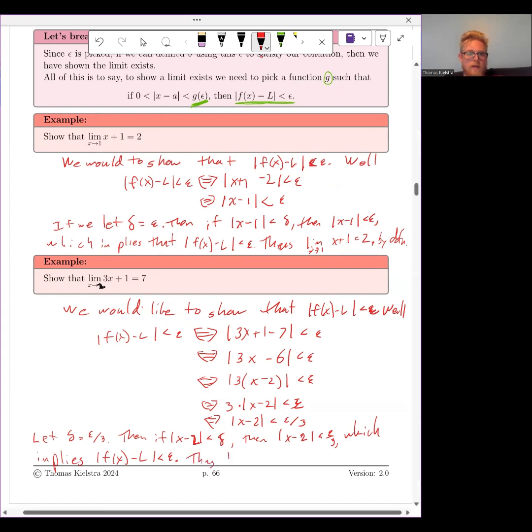Thus, the limit as x approaches 2 of 3x plus 1 equals 7.